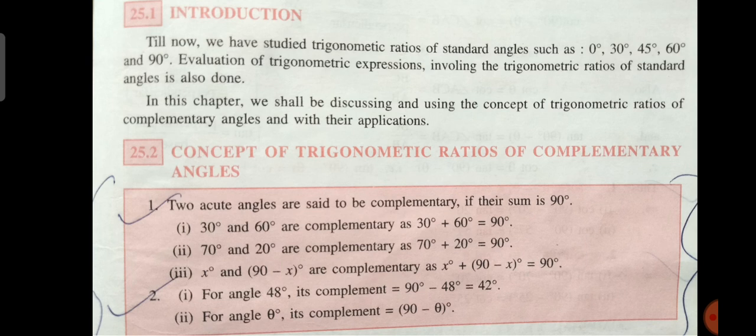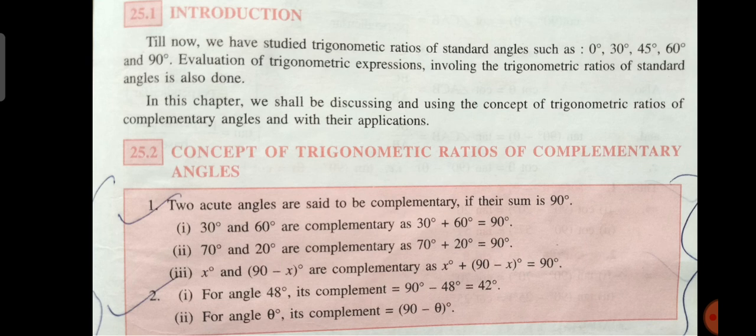For angle 48, if it has a complement angle, what is it? Yes, 90 minus 48, which is 42. So 48 and 42 are complementary angles since their sum is 90 degree. If an angle is given and you have to find the complementary angle, what do you do?